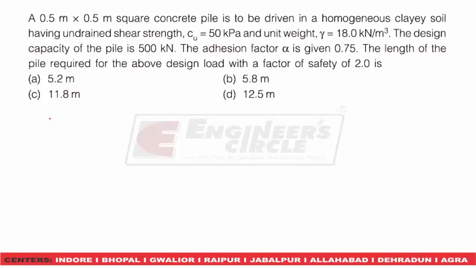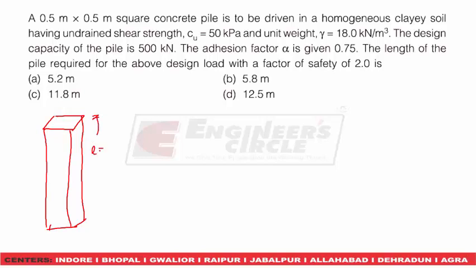So it is a 0.5 by 0.5 concrete pile and we have to determine the length of the pile. Now we know that the design capacity of pile is given by Qb into Ab plus Qf into Af.